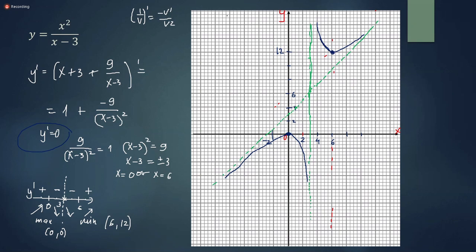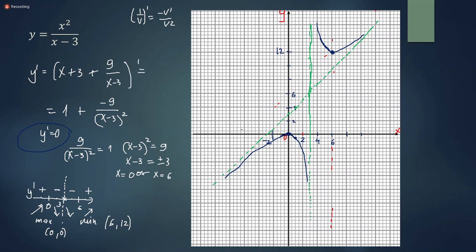I am sketching, and this sketch is rough because I did not estimate any other points. We could try. If x is 1, we would have -1/2. If x is 1, -1/2, that's here. That's actually correct. If x is -1, we have -1/4, which would be, okay, more flat, a bit there.